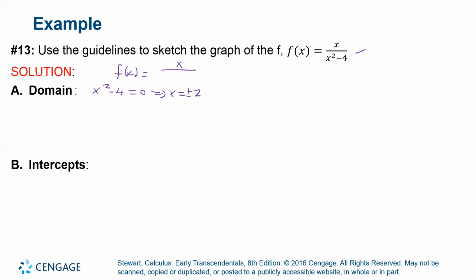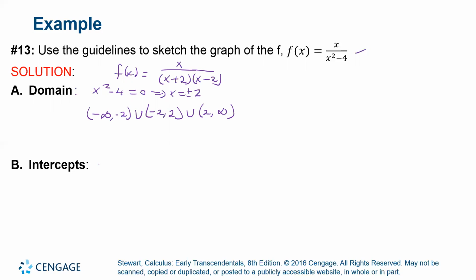It's going to be x over x plus 2 times x minus 2. So that's my f of x. So my domain is going to be all real numbers except plus or minus 2. So that's negative infinity to minus 2, union minus 2 to 2, and then union 2 to positive infinity. So that is my domain.